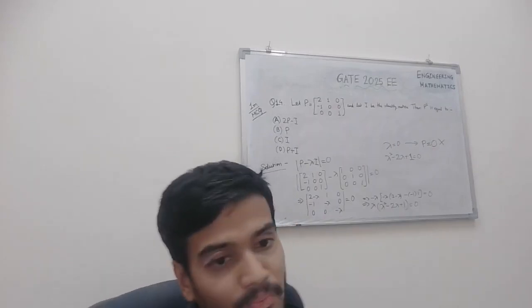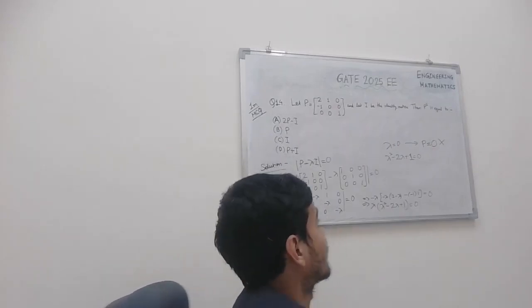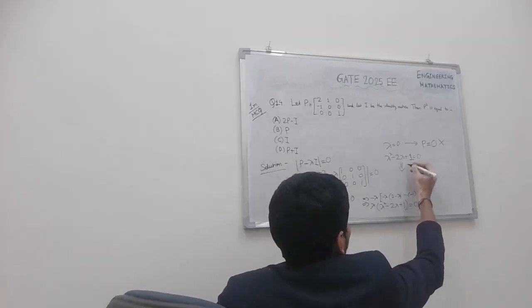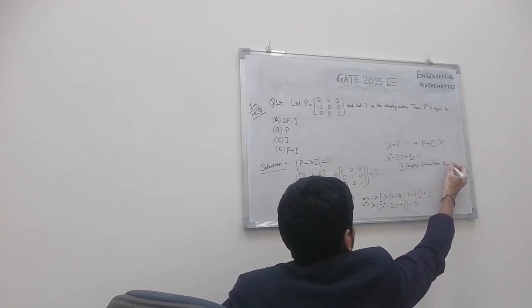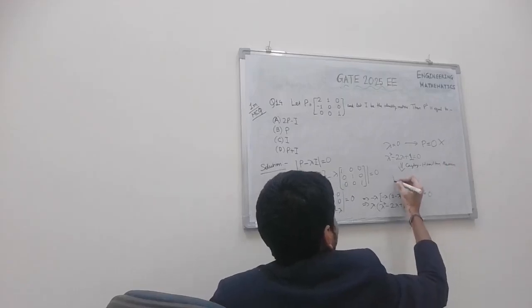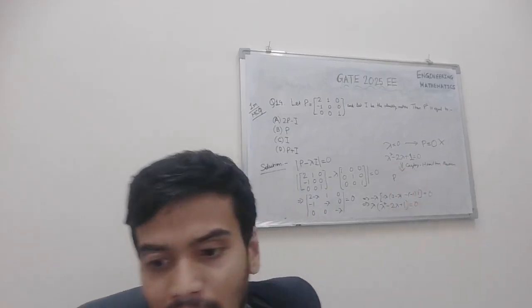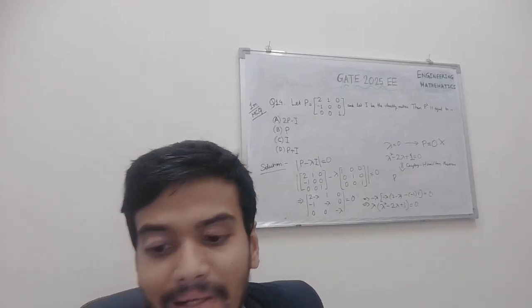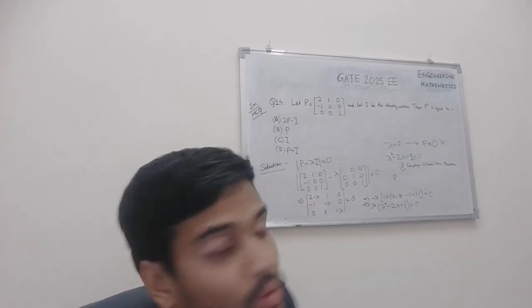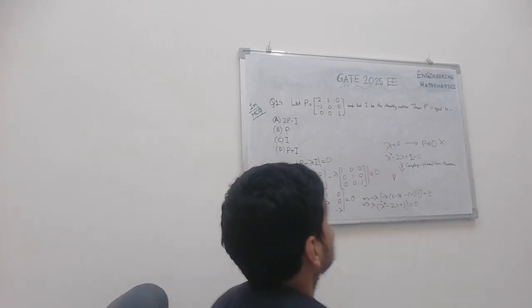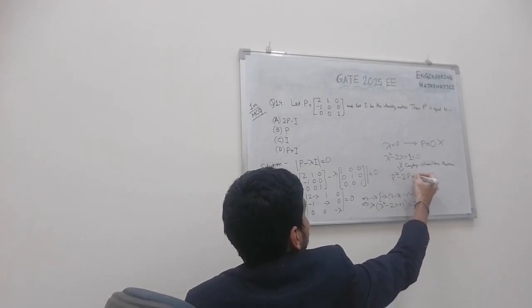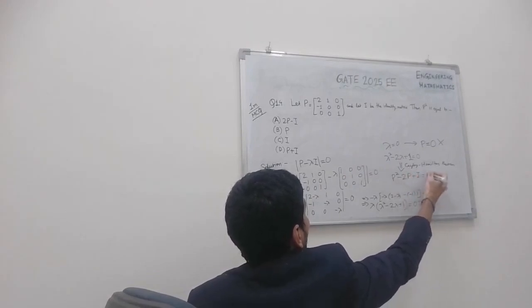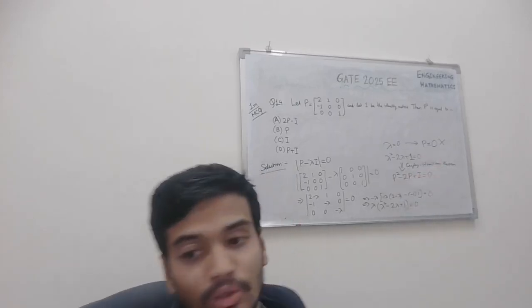Right? So P cannot be a null matrix. Another option: we replace the eigenvalue lambda with the matrix P and the constant 1 with the identity matrix I, so P plus I is equal to O, replacing with the null matrix.